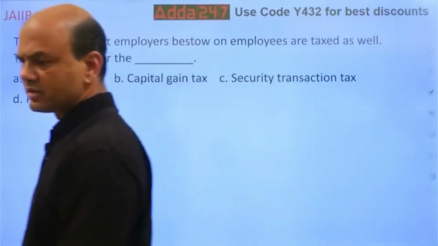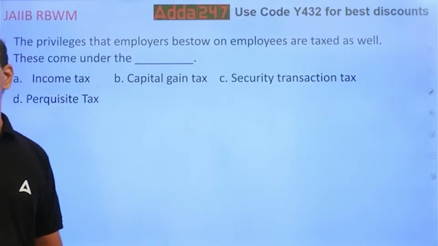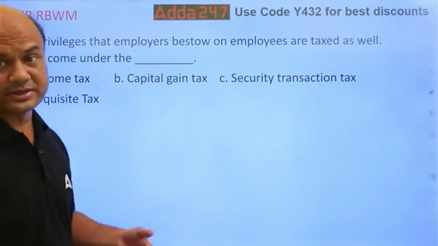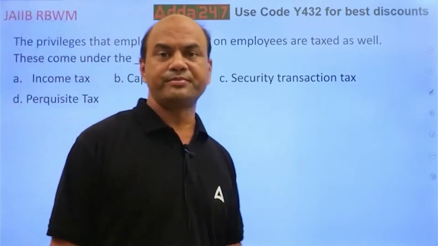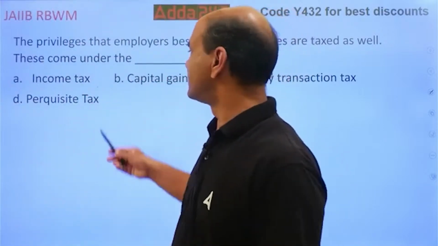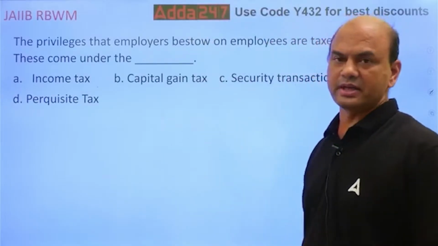Privileges means privileges given by the employer to the employee: canteen subsidy, traveling allowance, and entertainment expenses given by some companies. So these are all under which category? Is it income tax, capital gains tax, security transaction tax, or perquisite tax?